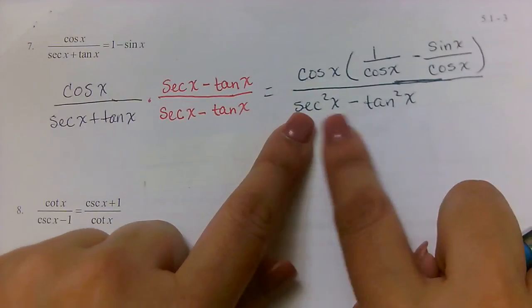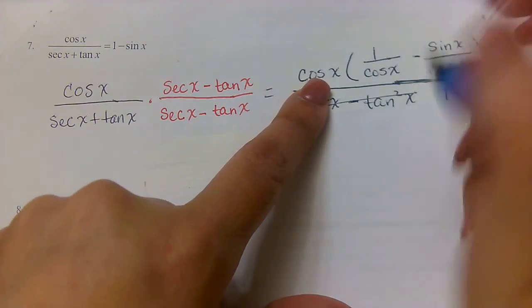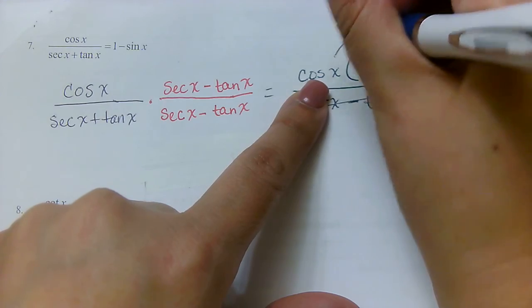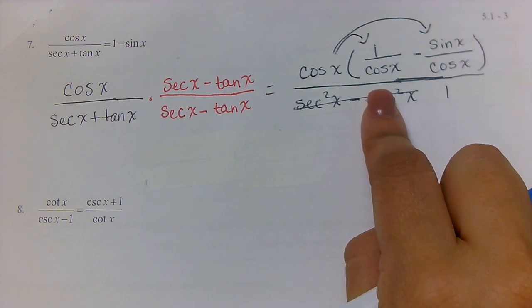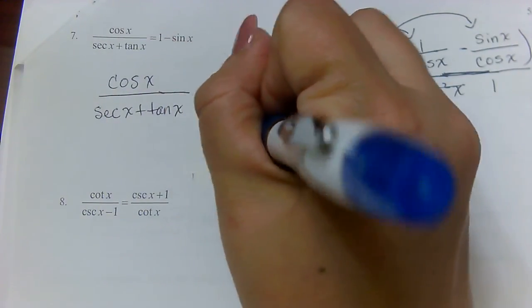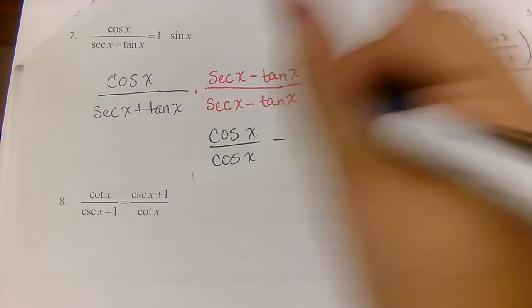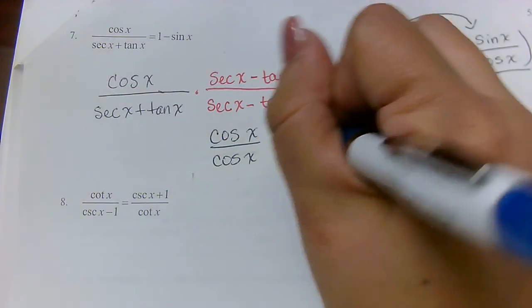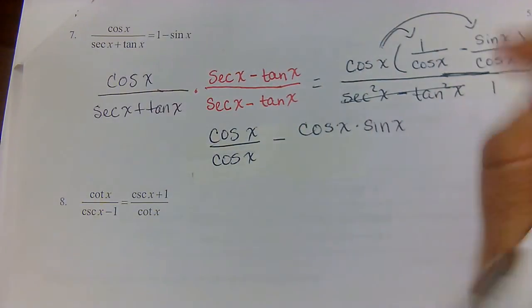So the denominator is the same thing as 1. I'll write it like that. Then I can distribute this cosine into the parentheses. When I do that, I'm left with cosine over cosine minus cosine times sine over cosine.